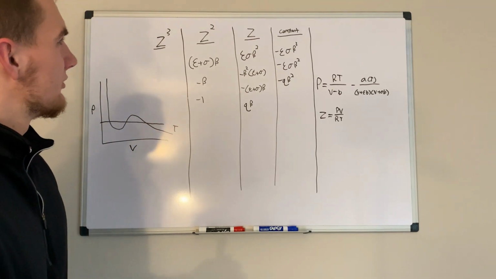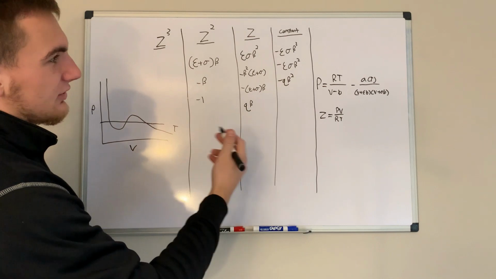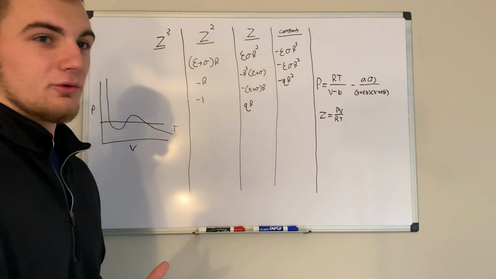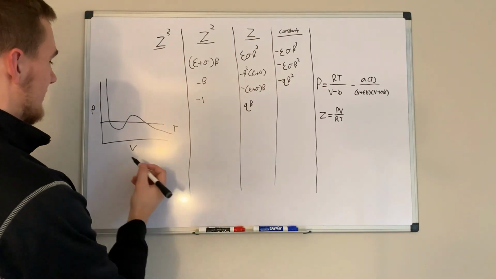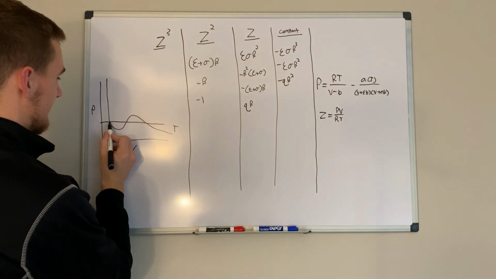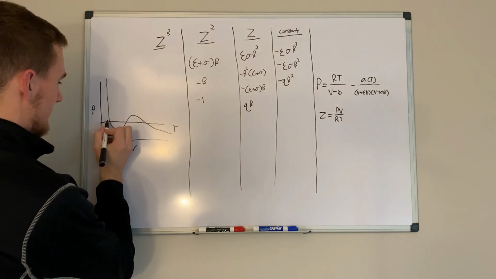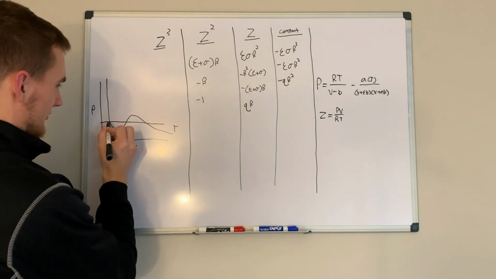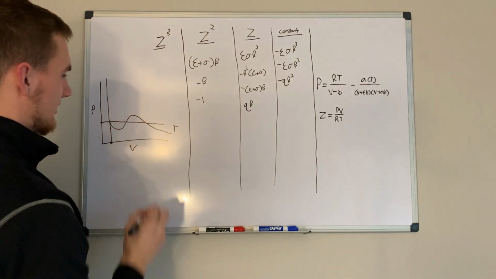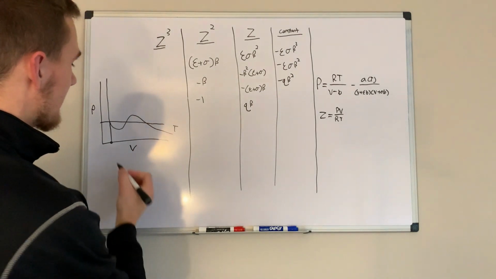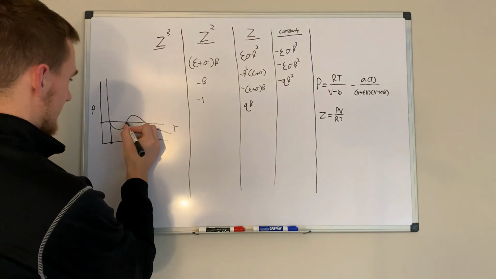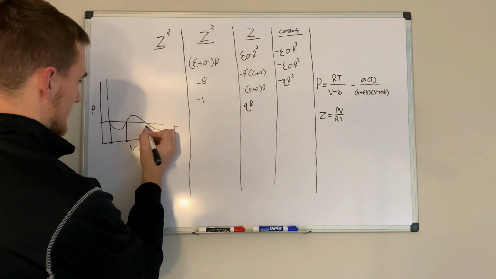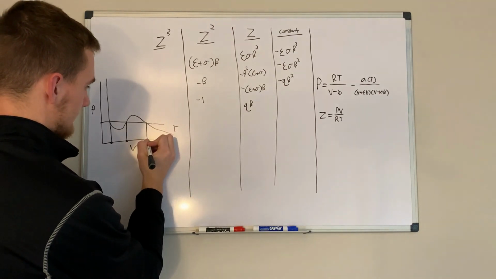Now, what we do here is that we will be using Python in order to take the roots of this cubic equation. And we'll notice here that we have a root here for our specific volume. So right there where our pressure line intersects our temperature curve, that is where we have a root. We also have a root here, and we also have a root here.